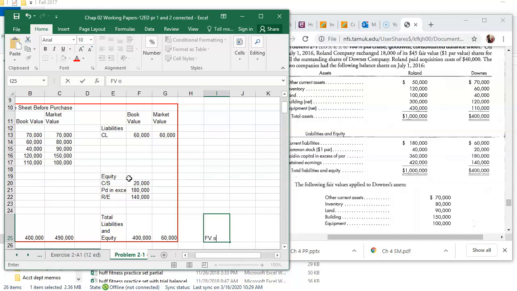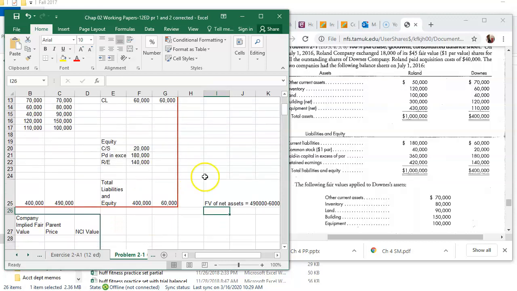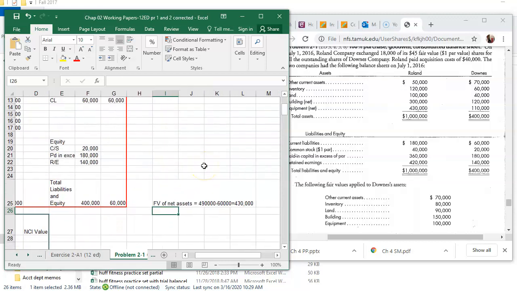So fair value of net assets will be the 490 minus the 60. So $430,000.